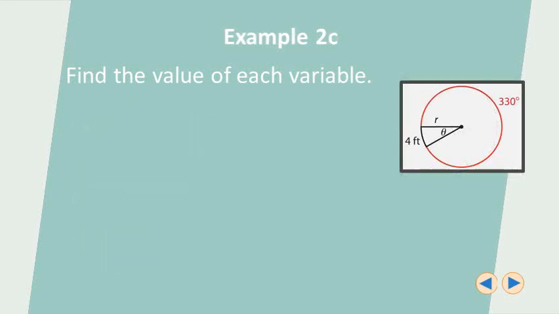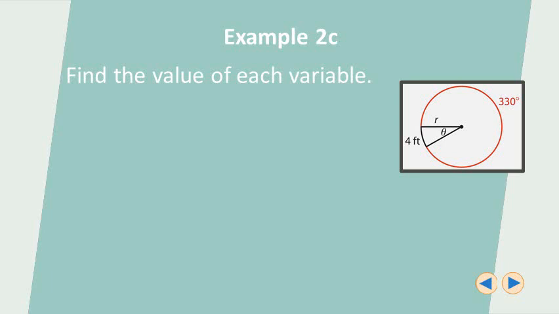Okay, now we are given the arc length, 4 feet. We are given the major arc, okay? So if the major arc is 330, then theta has to be what? 360 minus 330, so theta has to be 30.